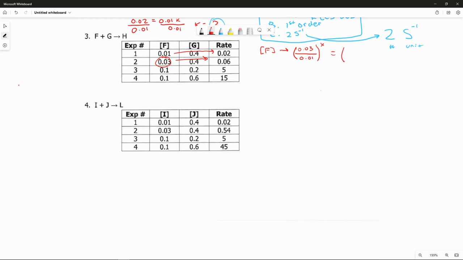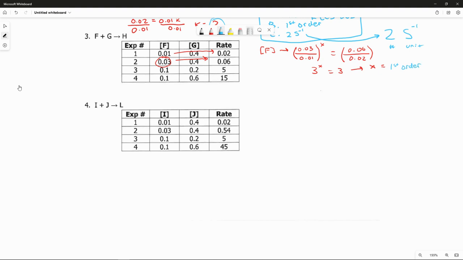So since 0.03 is on top, 0.06 goes on top as well, and 0.01 is on bottom, so 0.02 goes on bottom. So when we get our calculator, it becomes 3 to the x equals 3. Then we can tell that x equals 1. So, first order.